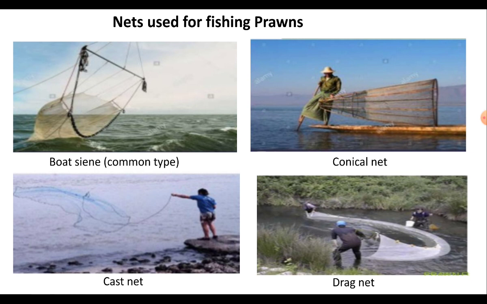The other types of nets like cast net, drag net, wall net, etc. are also extensively used for this purpose, where small nets and several other devices like trapping of prawns by cloth, by making small fences, are used in paddy fields.